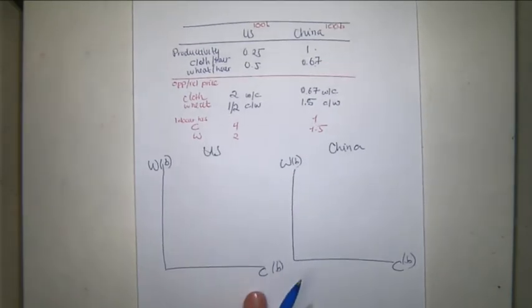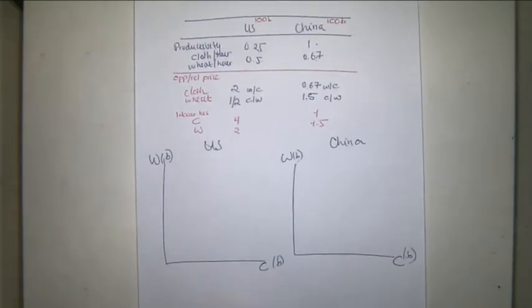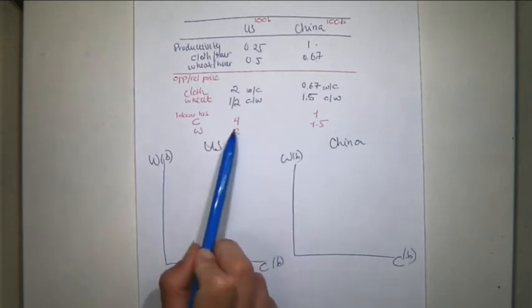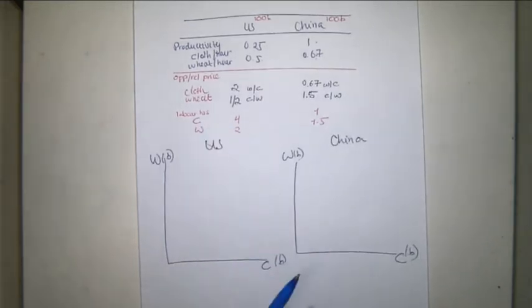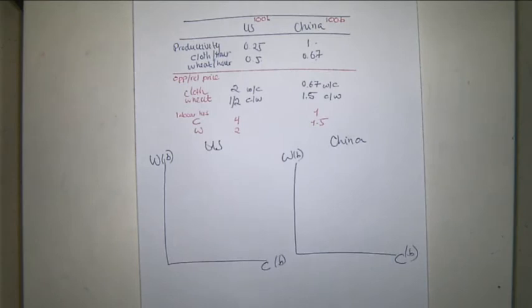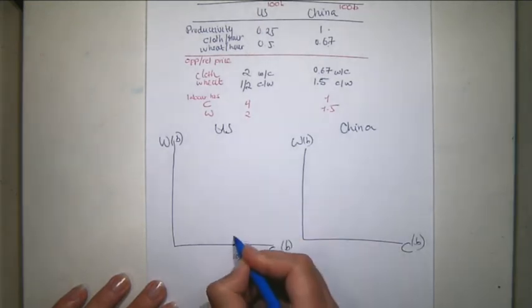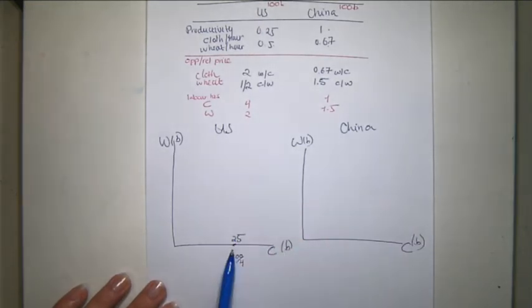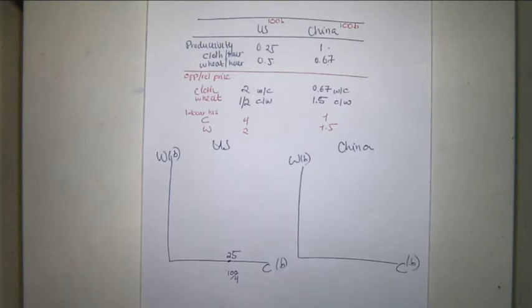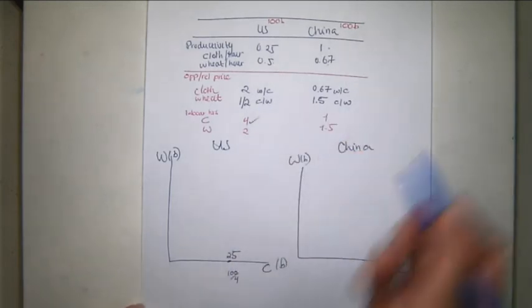So we've got 100 billion hours now, and in the US, it takes 4 hours to make 1 unit of cloth. So how much cloth can they make with 100 billion hours? It's 100 billion divided by 4, which gives us 25 billion units of cloth if we spend all of our time producing cloth.